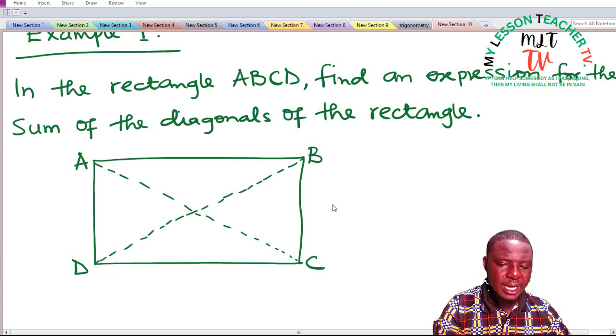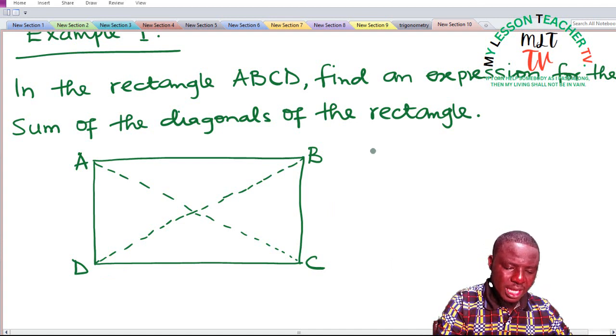We are asked to find an expression for the sum of the diagonals. That is to say, diagonal AC plus diagonal BD.